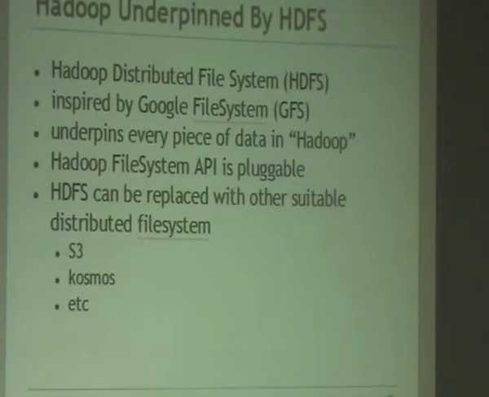The API is pluggable. You can replace HDFS with other file systems, like S3, as long as you have some layer implementing the file system API. So I do a lot of my work on S3, and I use a library called JetSet, which makes S3 compatible with the Hadoop file system.